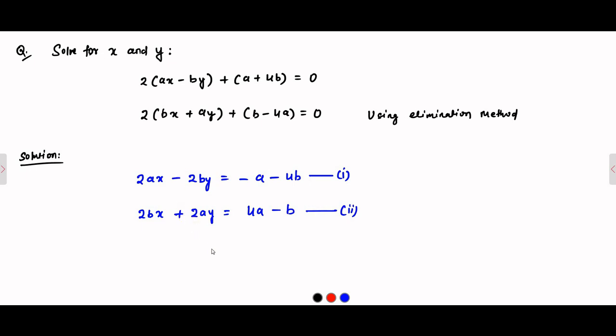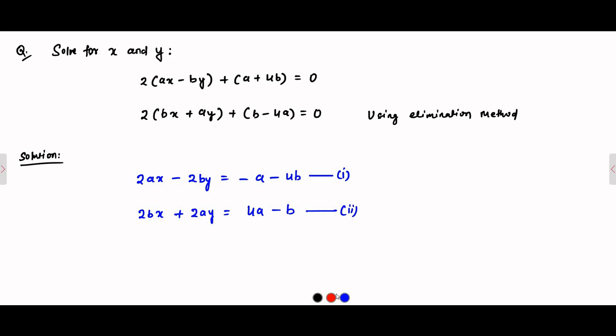So the main objective of the elimination method is to eliminate one variable through any operation: multiplication, division, addition, subtraction. So here what we'll do, we'll multiply a in the first equation and b in the second equation to match the coefficients of y in equation 1 and 2, and then we'll add them.